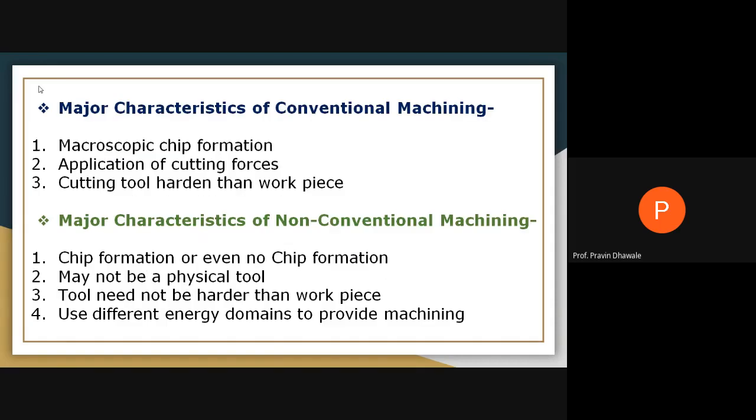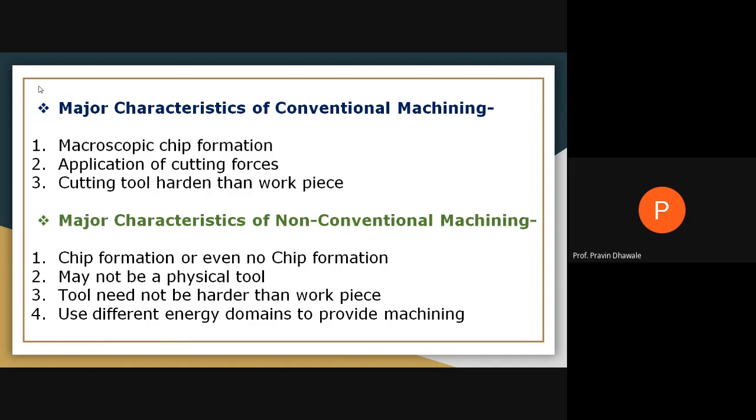Now, these are the major characteristics of conventional and non-conventional machining. In conventional machining, the material removed is in the form of chips, and these chips are macroscopic in nature. What does macroscopic mean? They are slightly larger in size, visible to the eye. Macroscopic chips are formed in the conventional case, not the non-conventional.